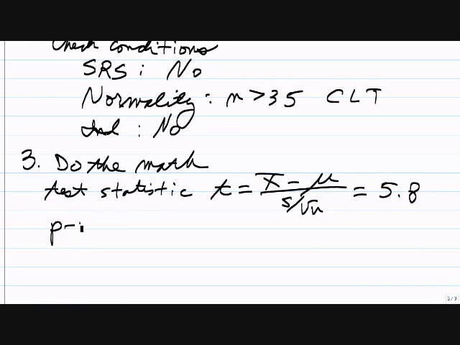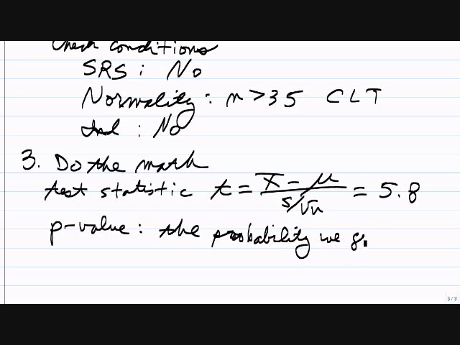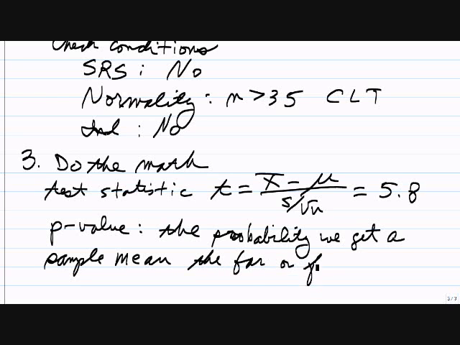And the p-value is the probability we get a sample mean this far or even further from our hypothesized mean.